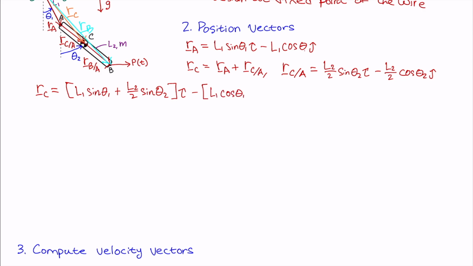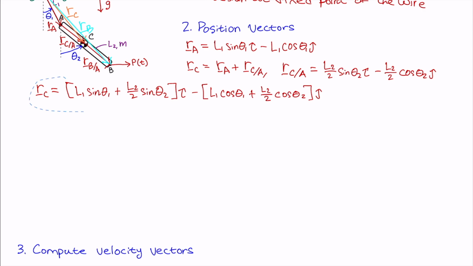Up here in the RA vector, I also need to put a 1 on that theta, because that's theta 1. So that's the position of our center of mass.